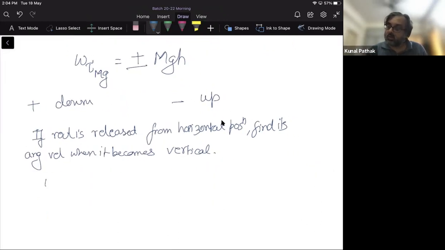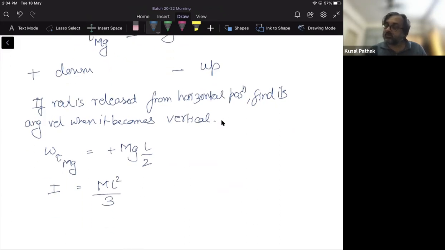Okay. So work will be done by torque due to mg, and that will be equal to plus mgl by 2. The moment of inertia about that fixed point will be equal to ml square by 3. So this implies that mgl by 2, which is the summation of work done, is equal to final kinetic energy minus initial kinetic energy.